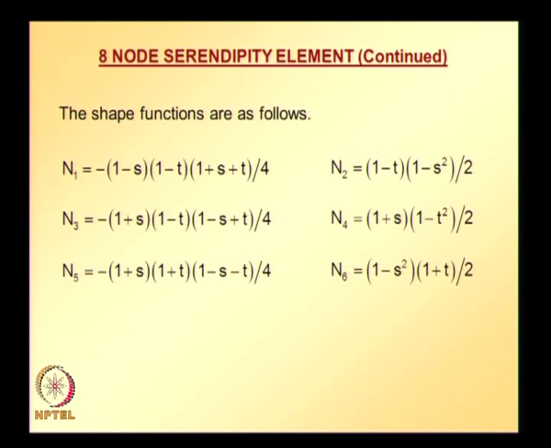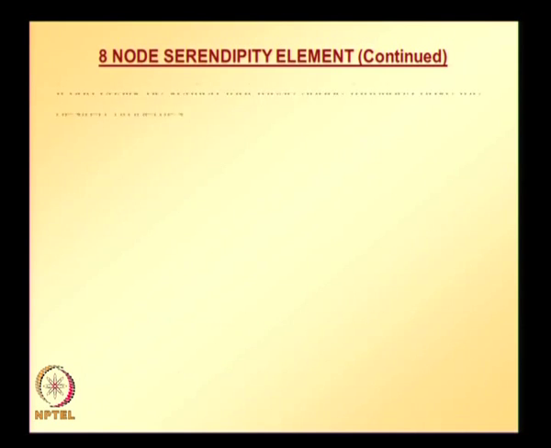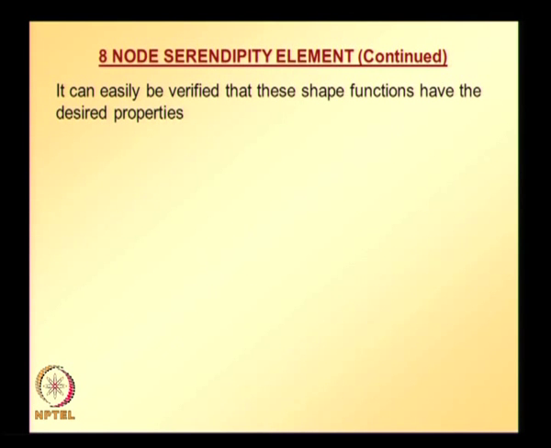Explicit expressions for all 8 nodes are given here, and it can be easily verified that each of these shape functions is equal to 1 at its own position and equal to 0 at the other nodal locations. It can be easily verified that the shape functions have the desired properties, that is, N I is equal to 1 at node I and N I is equal to 0 at other nodes.